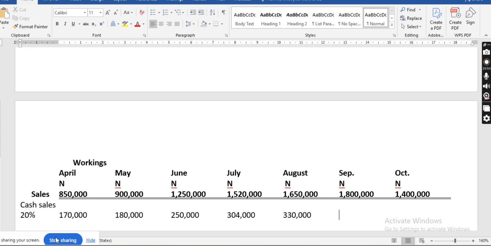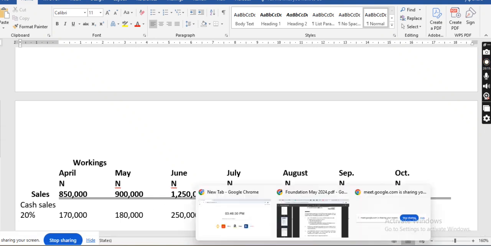Next, 280. So we've gotten the cash sales to be 20% of the sales.